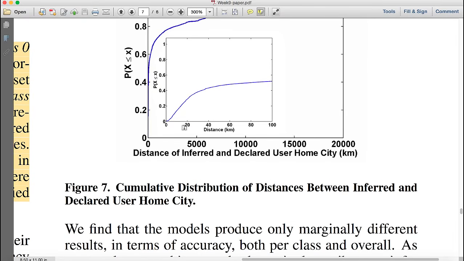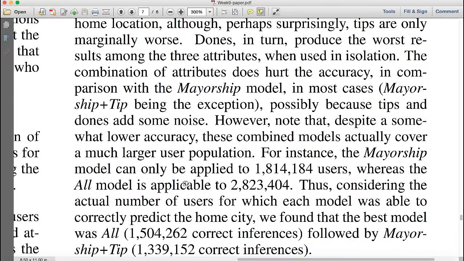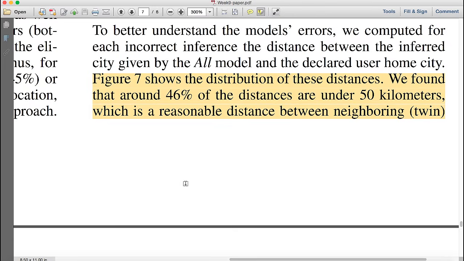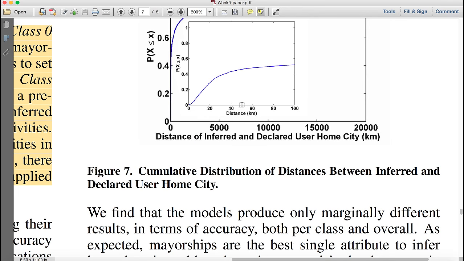The authors zoomed in. This axis goes to 5,000 kilometers, whereas the inset graph is only for 100 kilometers. So you can clearly see that 46% of the distances are under 50 kilometers. Here is 50 kilometers, and 46% should be somewhere here.